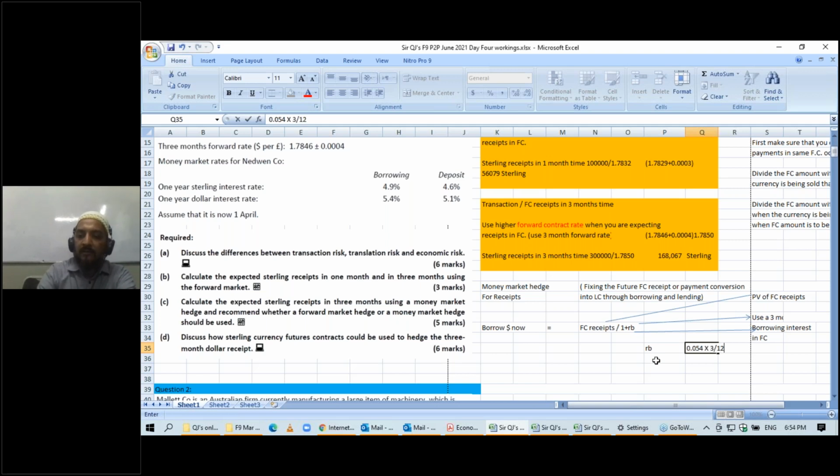So we have made it a 3-month rate, and then 1 plus RB will become 1.0135. This makes 1 plus RB. So if you put in there, the foreign currency receipts were 300,000 in 3 months time. Divide this by 1.0135.